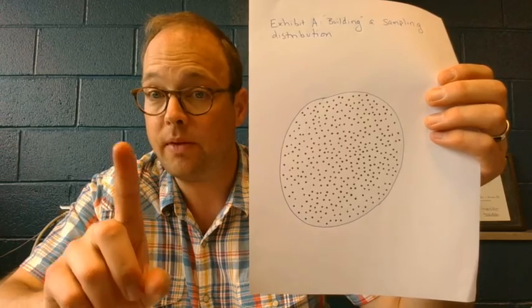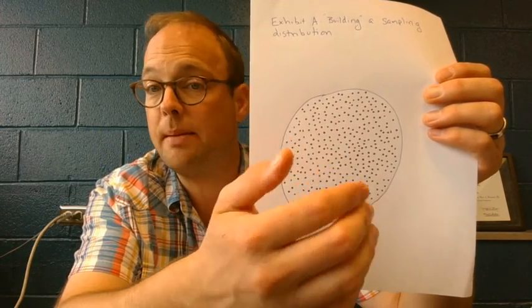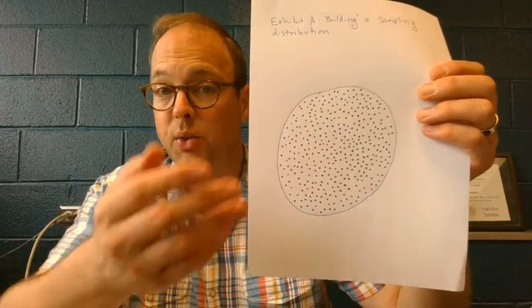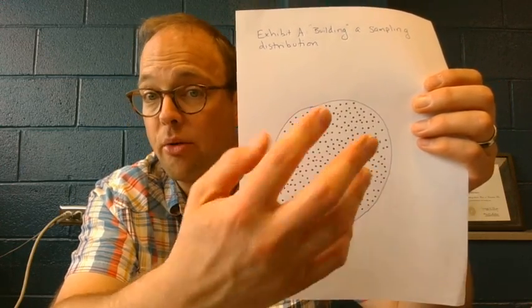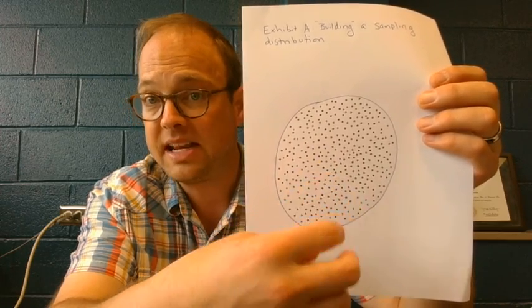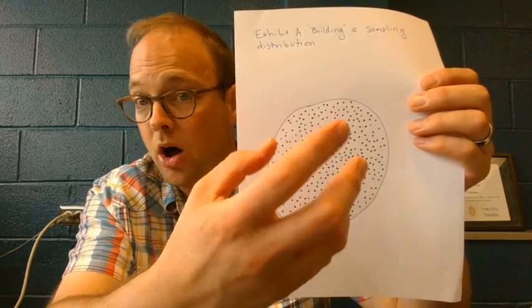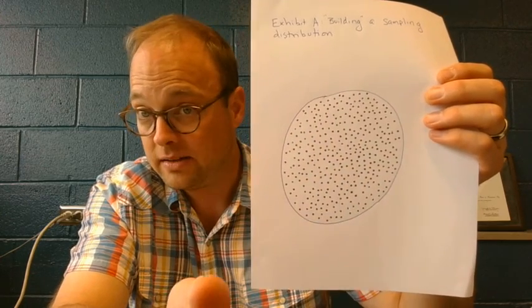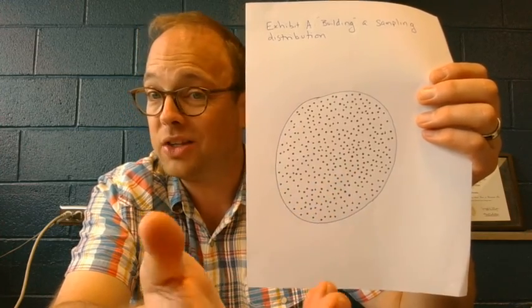And then we're going to replace them back into the population. That means sampling with replacement. So we draw a sample of 8, calculate their mean age, throw them back into the pool, randomly draw a second sample of 8, calculate their mean age, throw them back into the pool, randomly draw a third sample of 8, calculate their mean age, throw them back into the pool, and so on.